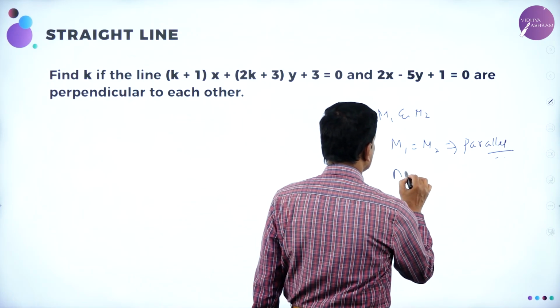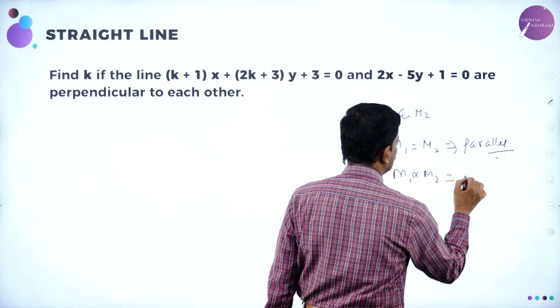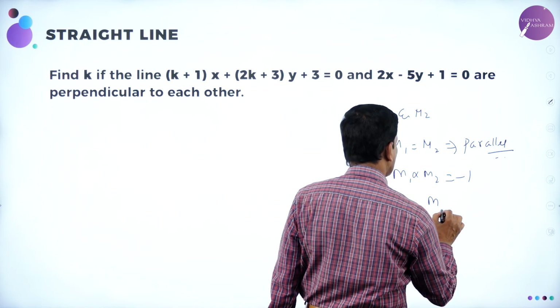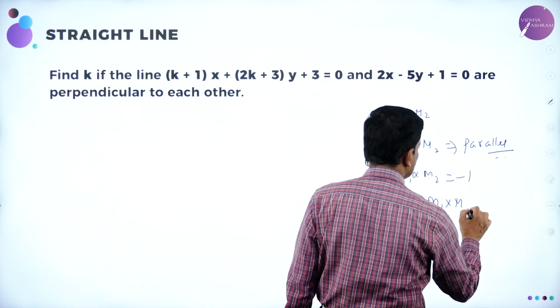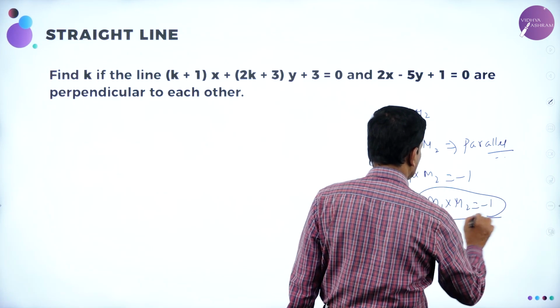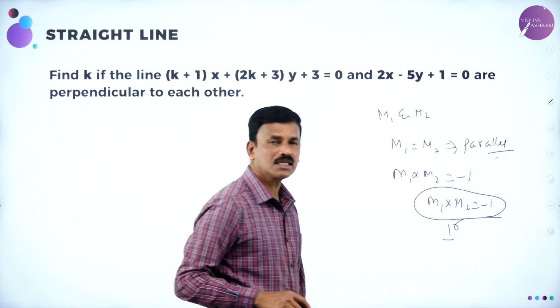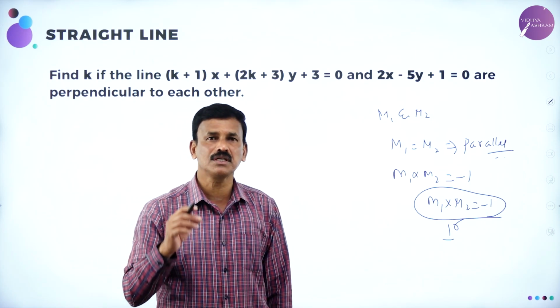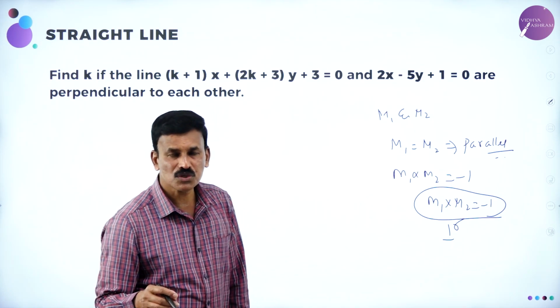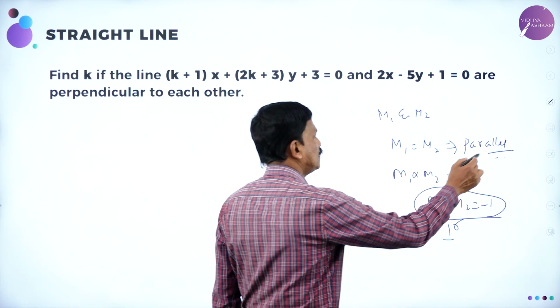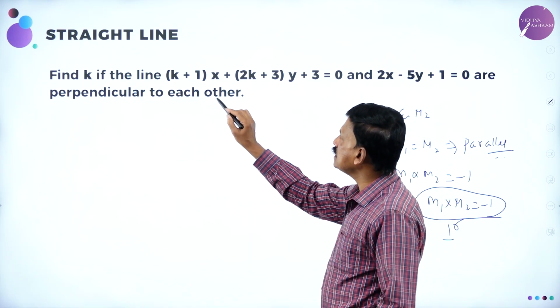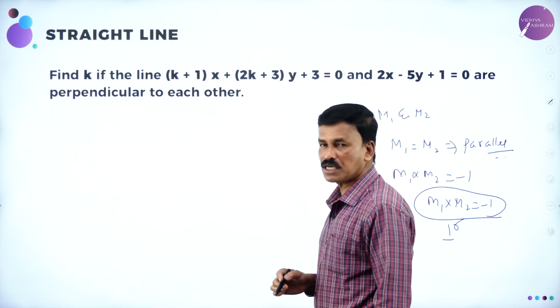If the product of slopes m1 into m2 is equal to minus 1, then they are perpendicular to each other. Hence the condition for the two lines to be perpendicular is that the product of slopes is equal to minus 1. Now here, what is the given condition? Find k if the two lines are perpendicular to each other.